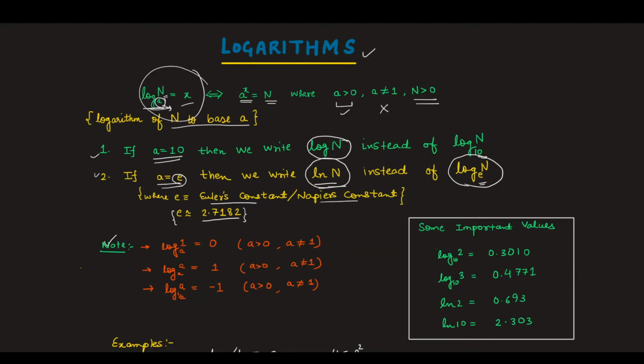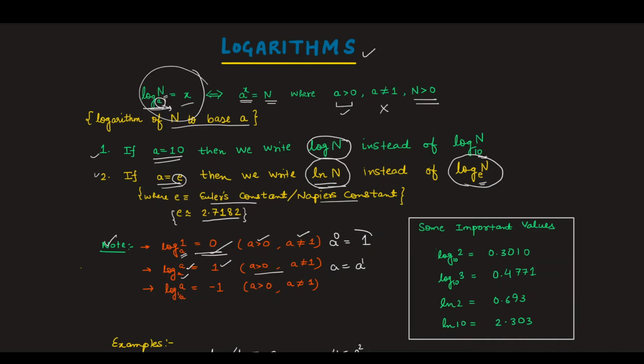So we can note that first, log of 1 to any valid base, that is greater than 0 and not equal to 1, is 0. Then log a to the base a is 1 for a valid base, because a can be written as a to the power 1, and a to the power 0 is actually 1.